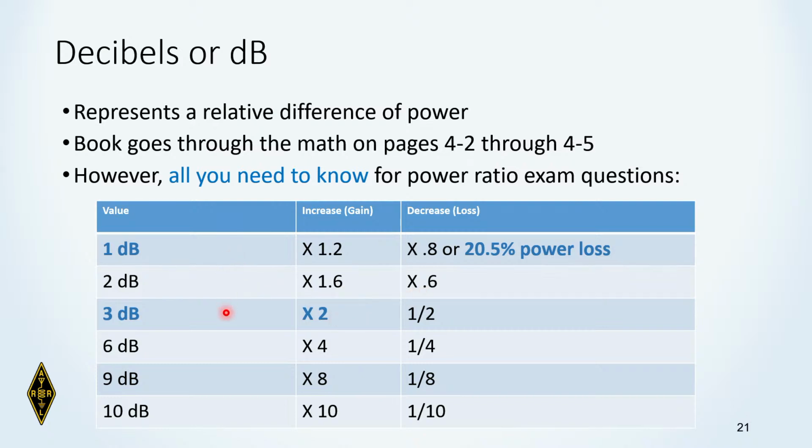Now, a 3 dB change in power is a doubling of power. So if we go from 100 watts to 200 watts, that's 3 dB. And the other way works too. If we go from 100, cut that in half to 50, that becomes negative 3 dB.